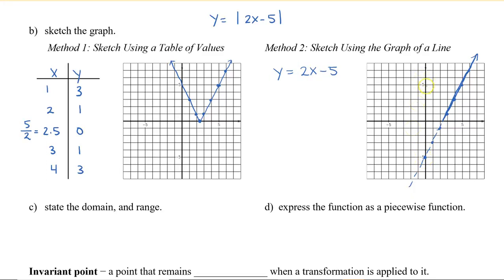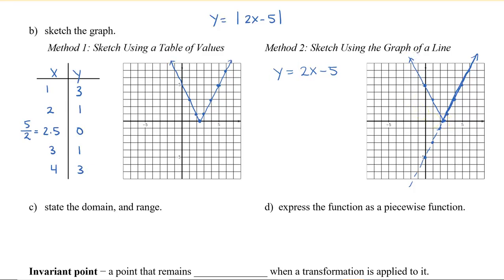That's now going to become +5. This is -3, becomes +3, and so on. Now the point here is 5/2, like we knew from before because we calculated the x-intercept. So we can connect this with our other points, and we get something that looks like this. And now we actually get the same graph.